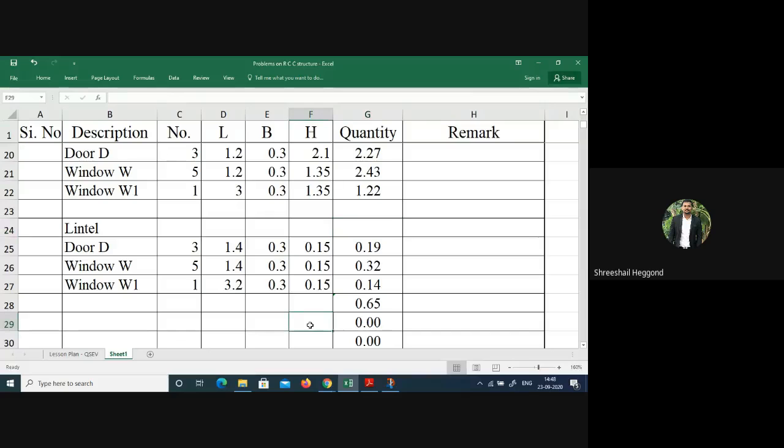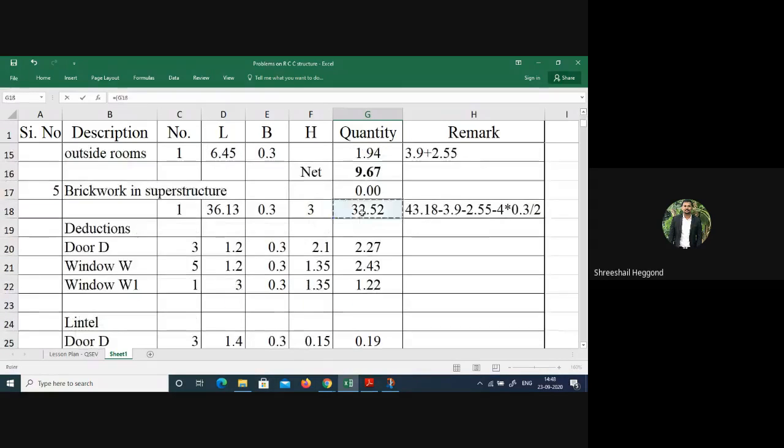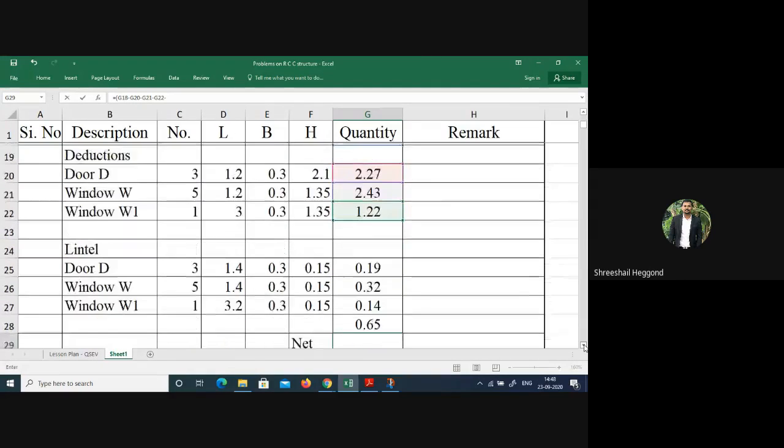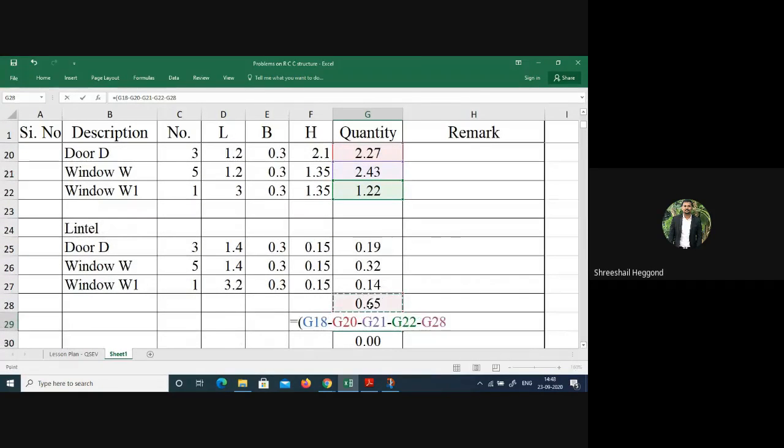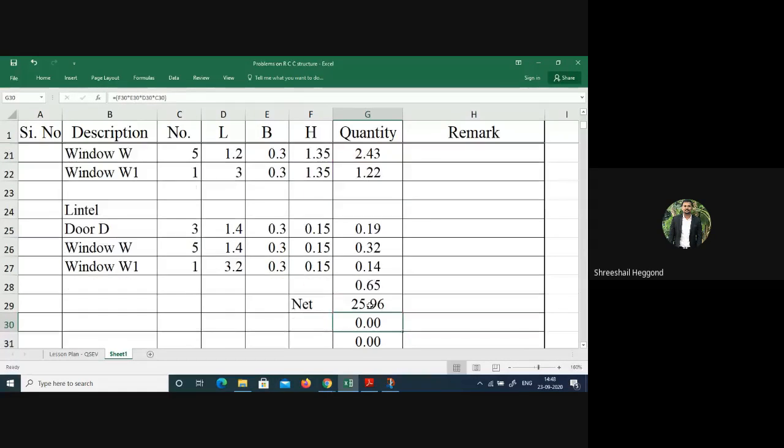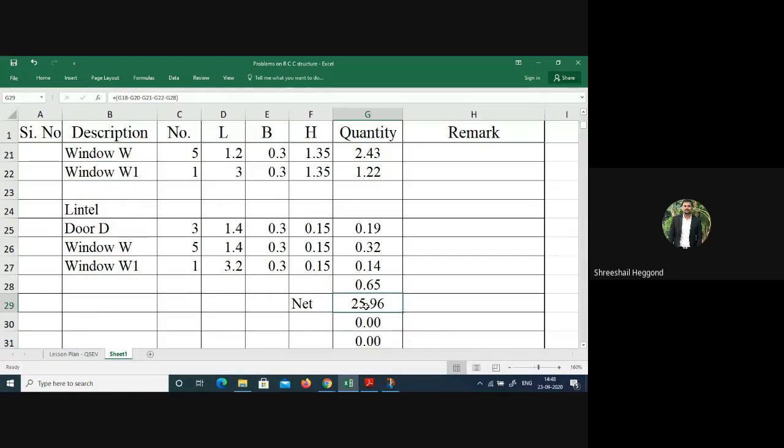Therefore, net quantity of brickwork can be calculated as total brickwork minus deductions, which is 25.96.